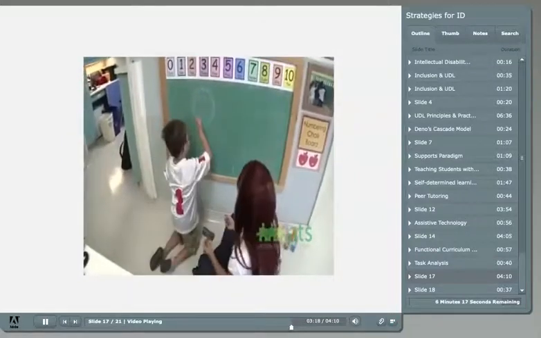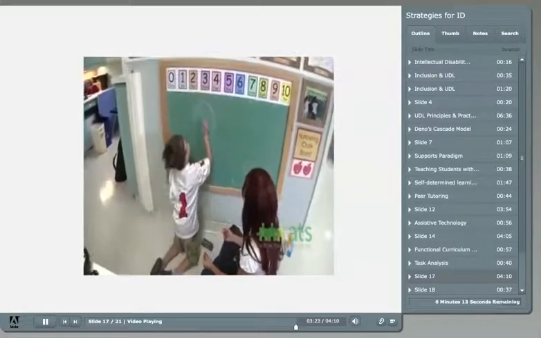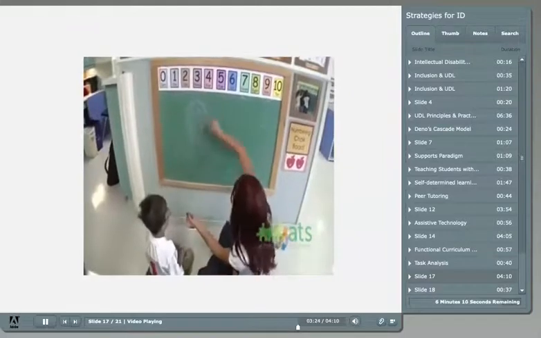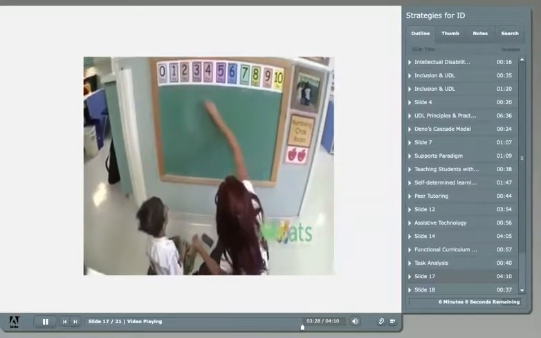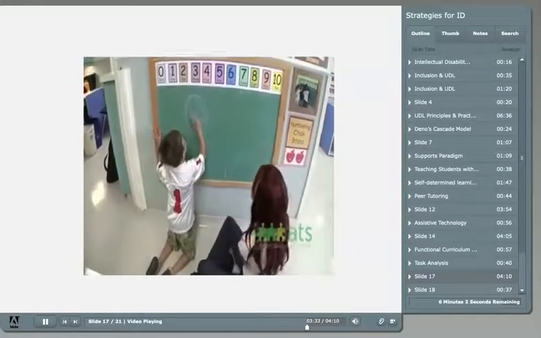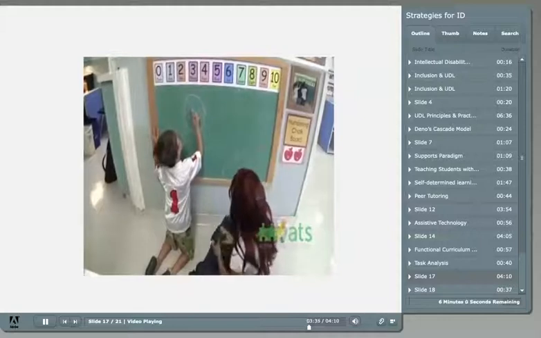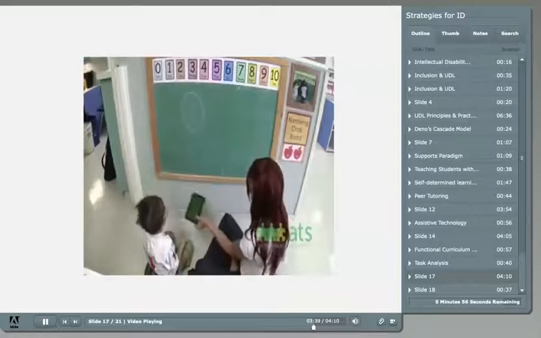Draw a smiley face. What else? Good job, buddy. Draw a smiley face. Nice job, Keenan.